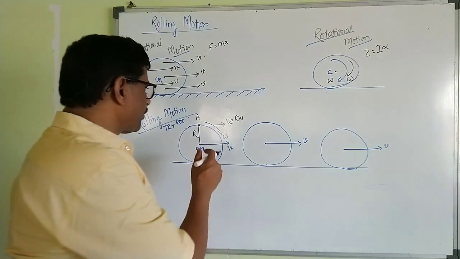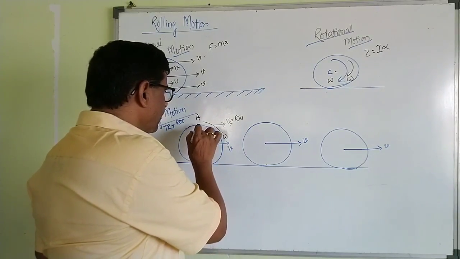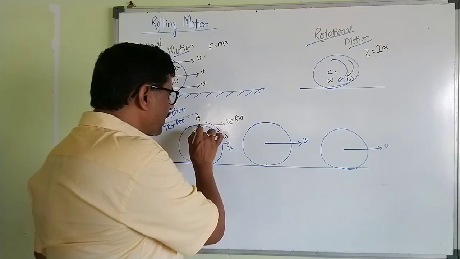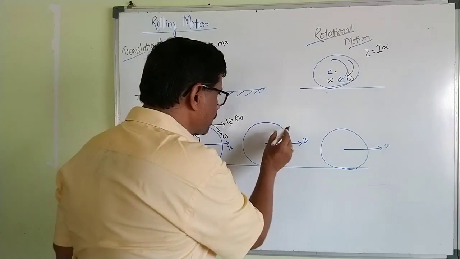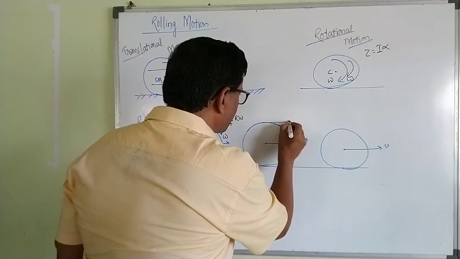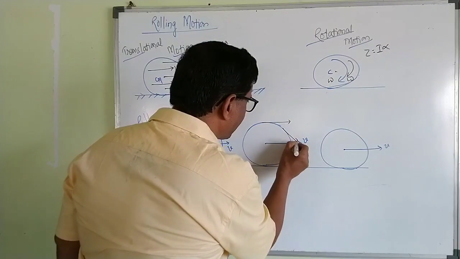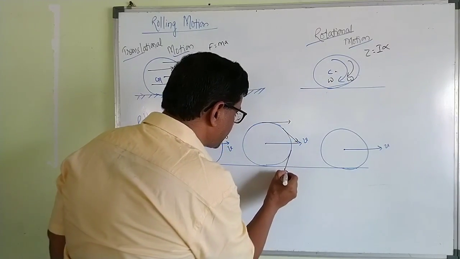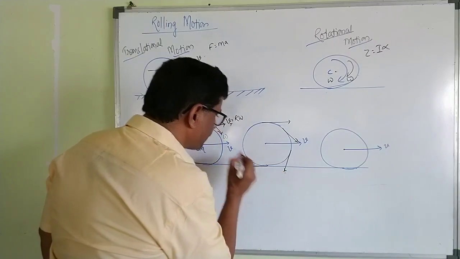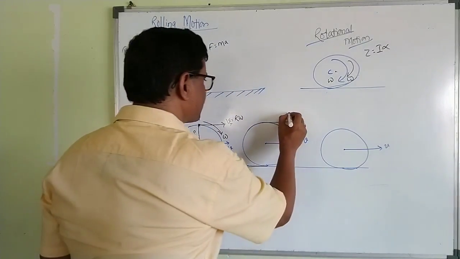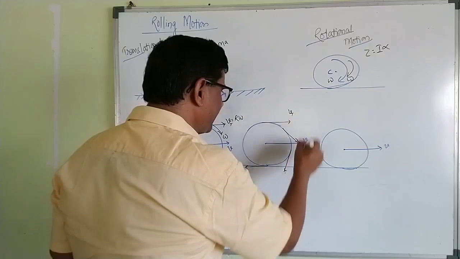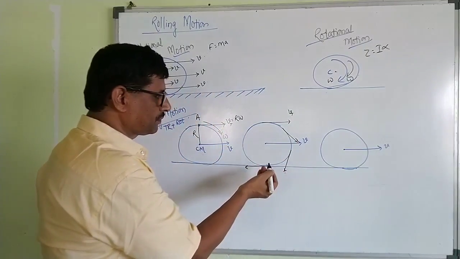In a small interval of time, the particle which is at the top, because of this tangential velocity, goes on changing its direction. For A, it will become like this. When it comes here, it will be like this one. When it comes here, it will be like this. This will be the tangential velocity. Every time it is R omega, no doubt.